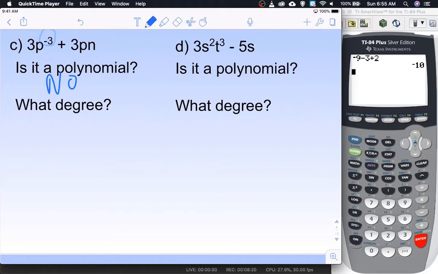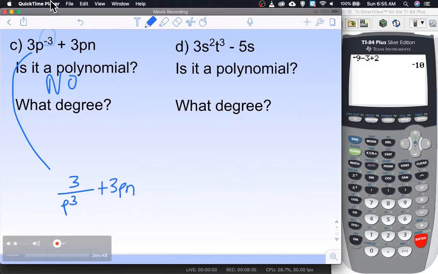A polynomial needs to be written where everything's kind of in the numerator. And if you remember how exponents work, this guy here would be like 3 over p to the third power plus 3pn. The way you make the negative exponent a positive is you switch what side the fraction is on, move it to the denominator. Well, this is not a polynomial. You need all of your variables to be in the numerator. So this is not allowed.